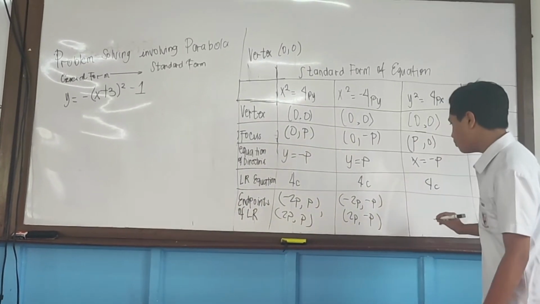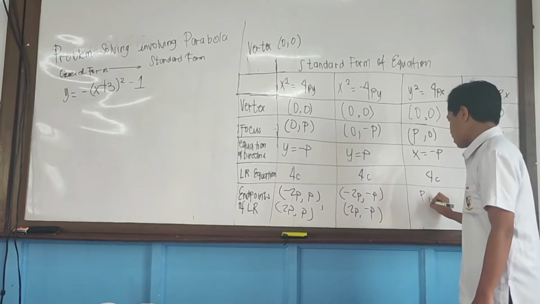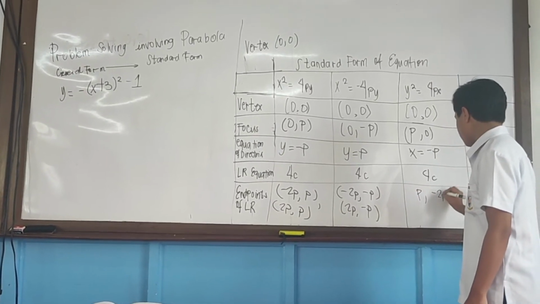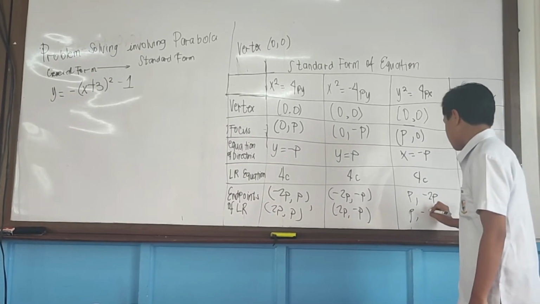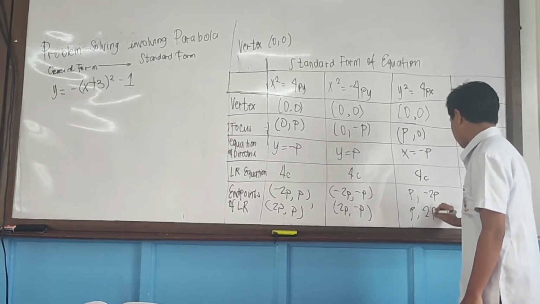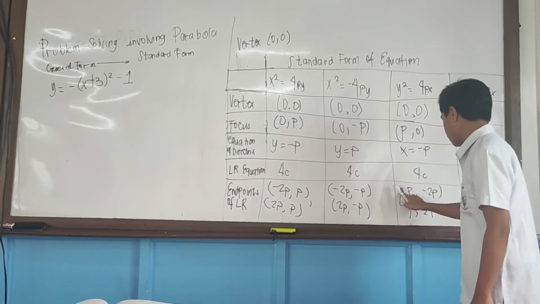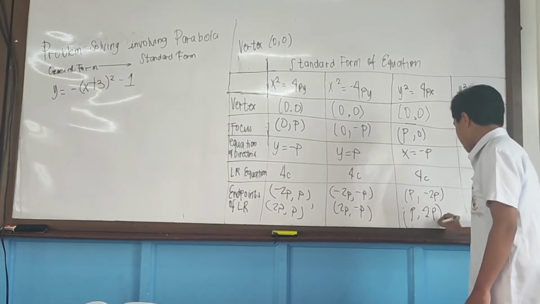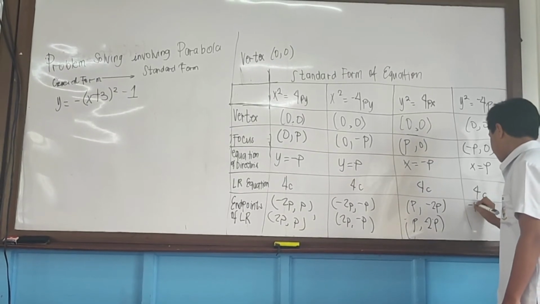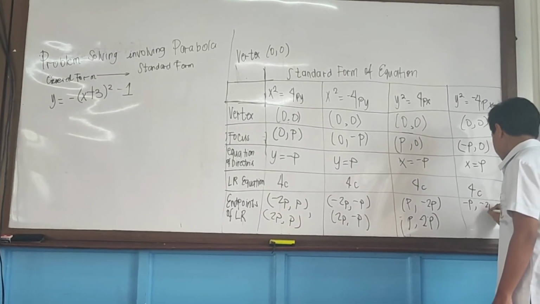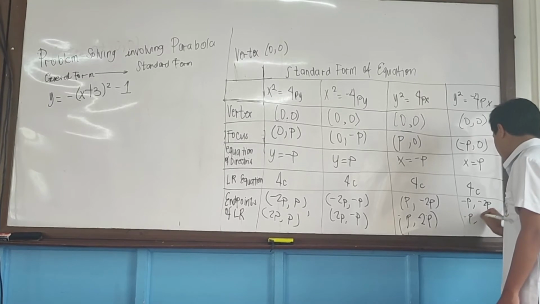Here we have (p, −2p), and we have (p, 2p). And lastly, we have (−p, −2p), and (−p, 2p).